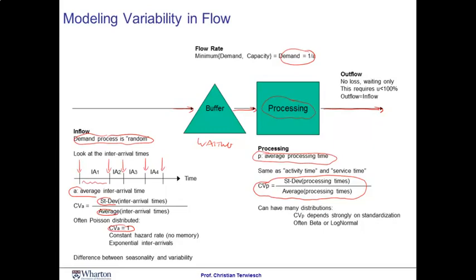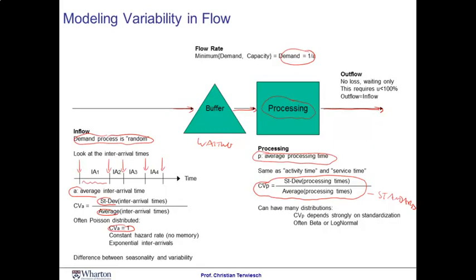The coefficient of variation in the processing time really measures how standardized the work is. This varies a lot by application. In an assembly line, you might see situations where the coefficient of variation of the processing time is close to 0. In other settings, if you think about an operating room, or developing a piece of software, there might be a fair bit of variability in the processing time, and CVPs can be 1 or bigger.